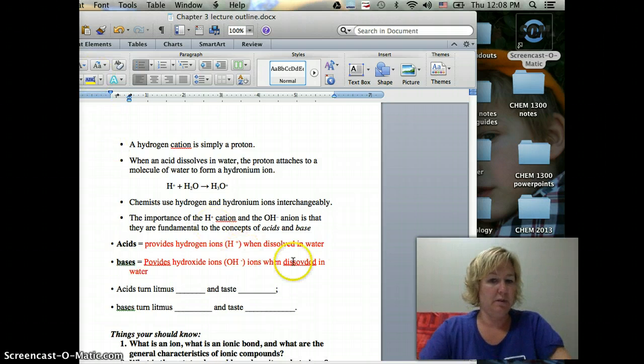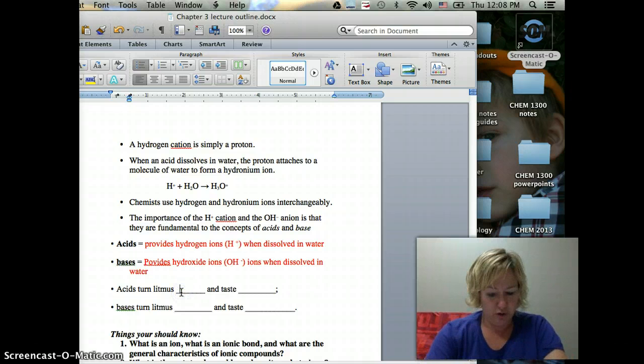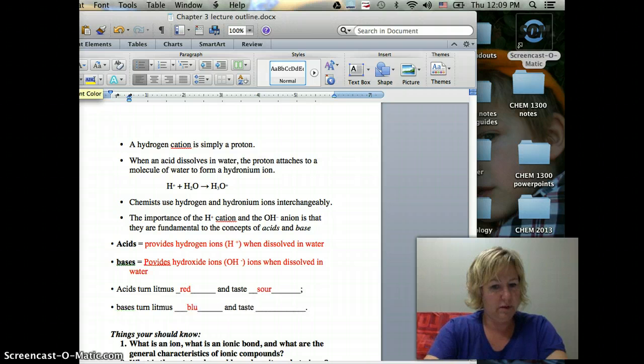Acids turn litmus red, and they taste sour. No reason to start eating chemicals in the lab. Don't do that. Just trust me, a base turns litmus blue and it tastes bitter.